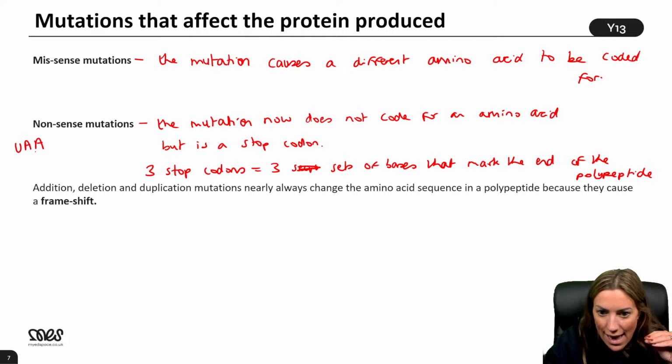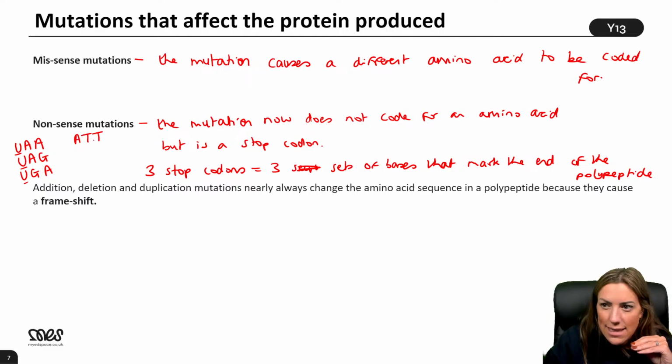So UAA is a stop codon. UAG is a stop codon. And UGA is a stop codon. Now, they're obviously in RNA, because you've got U's in there. So in DNA, the stop triplets would be ATT, ATC, and ACT.